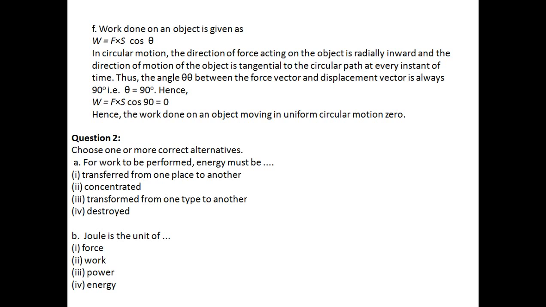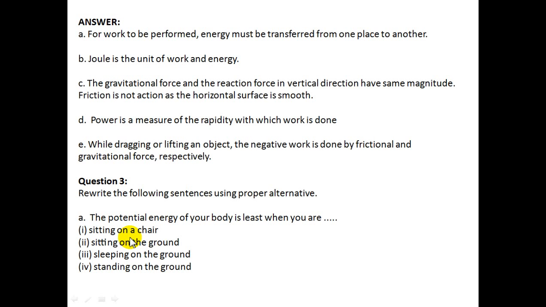अगर ये जानना है कि work कुछ हुआ है, so in that case energy क्या होता है? Transferred होता है from one place to another, और concentrated होता है और transformed from one type to another. So, it is not transferred; it is transformed. The first answer is: for work to be performed, energy must be transferred from one place to another.